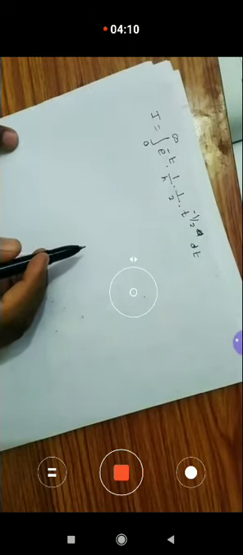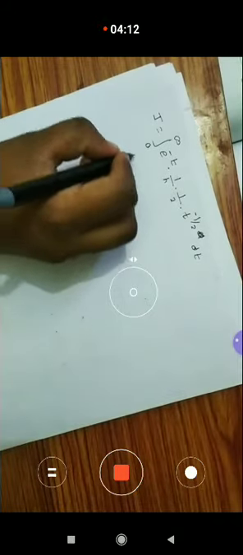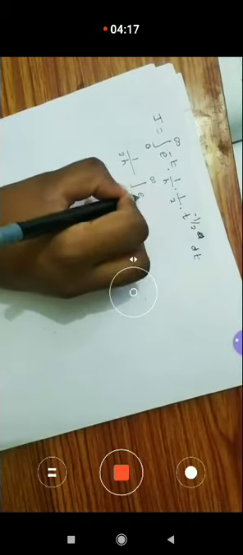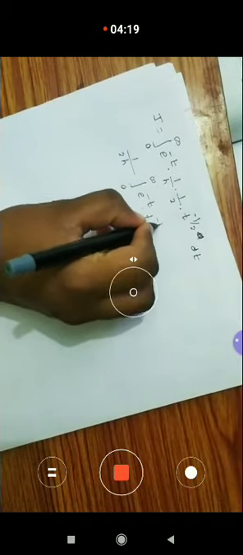Now next, I take the constant common: 1 upon 2h, which is constant, integral 0 to infinity e raised to minus t, t raised to minus 1 by 2 dt.